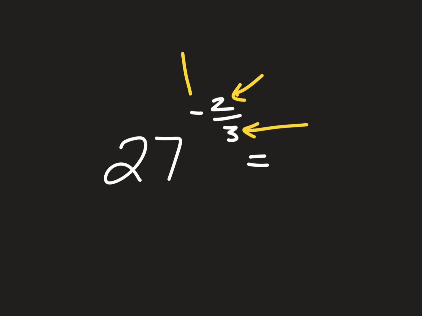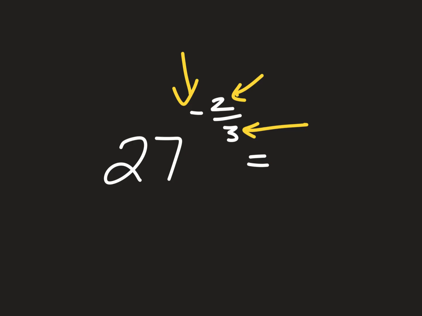And the last thing we're going to do is that negative, which you could think of 2 different ways. I like to think of it as flipping it. Another way you could think of it is it puts 1 over it. So given that, you should be able to take the cube root of 27 in your head, then square it, and then flip it. Talk to the kid next to you about what you think that answer is.